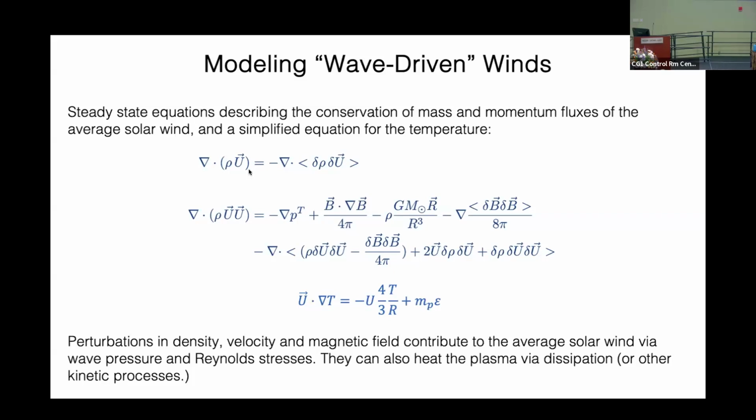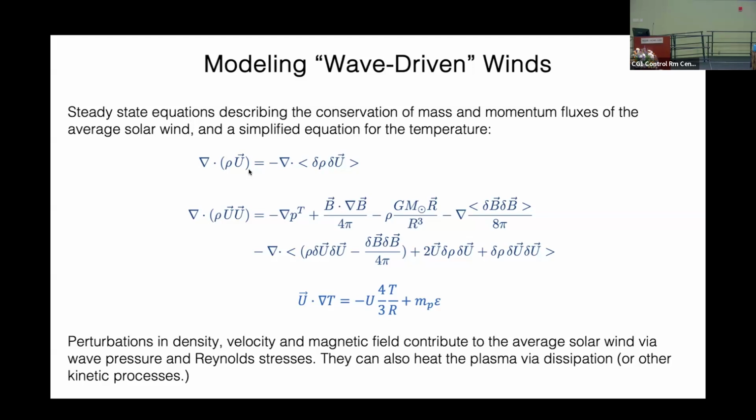These equations have been obtained by assuming that there is a mean, an average wind, plus fluctuations that are represented with these delta quantities, and the equations are obtained by taking the average. So this represents the average wind. If fluctuations have amplitudes that are not negligible, if they are not small amplitude waves, then they do contribute to the average wind, and they can accelerate it.